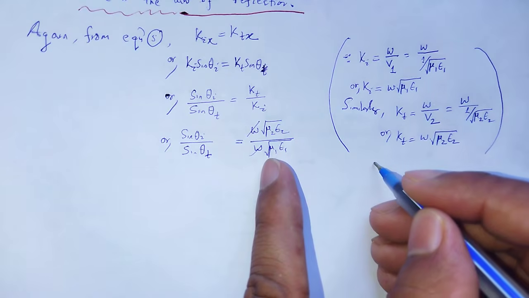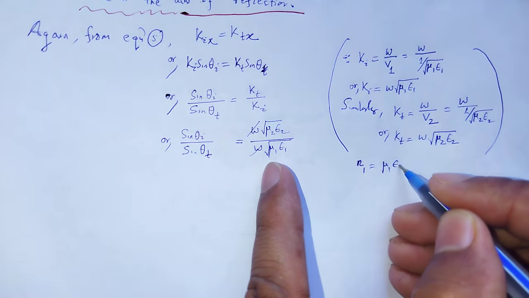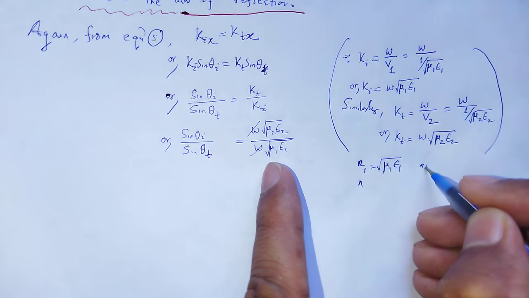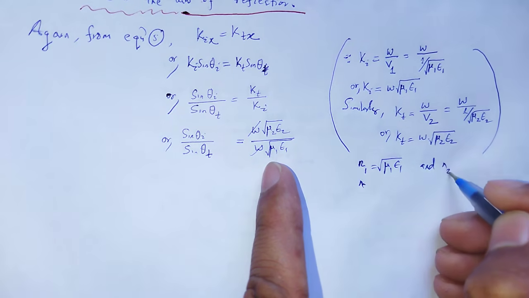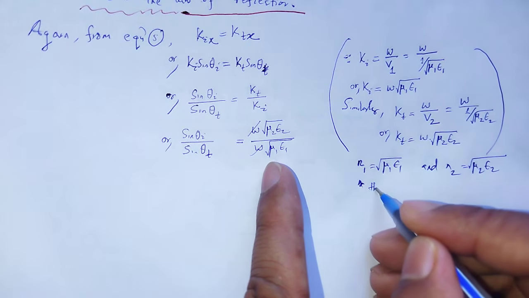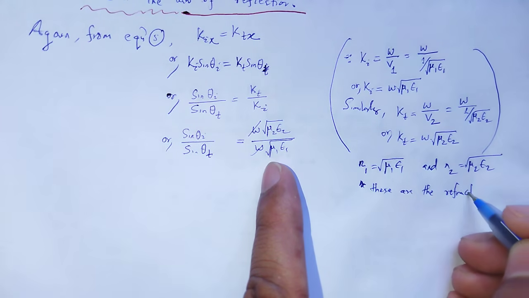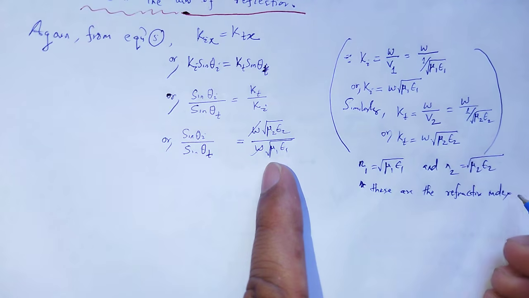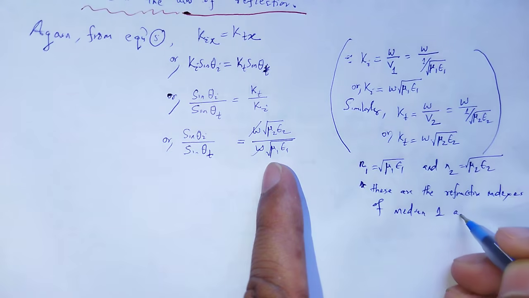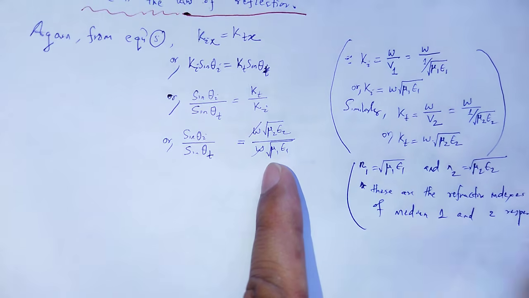Look here, as we know the refractive index definition, n1 is equal to under root of mu 1 epsilon 1, and n2 is under root of mu 2 epsilon 2. These are the refractive indexes of medium 1 and medium 2 respectively.